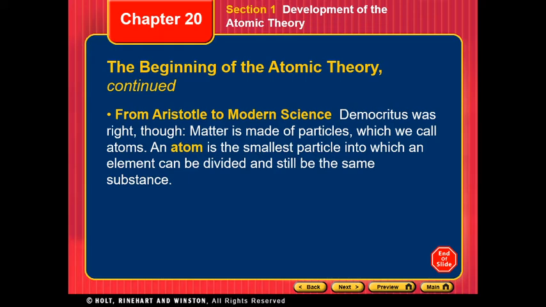An atom is the smallest particle into which an element can be divided and still be the same substance. What does this mean? For example, you have 1 gram of pure gold. It's only gold. Gold is an element, and 1 milligram of gold has, let's say, 1 million atoms of gold.